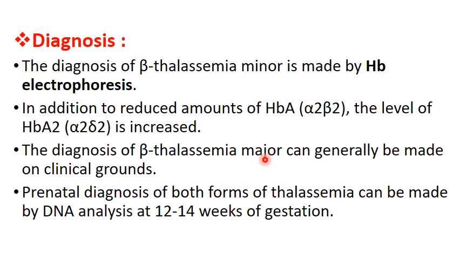At the same time, there is new bone formation, so the appearance of the face of the patient is so obvious on a clinical ground that the doctor can diagnose it and then confirm the diagnosis also by hemoglobin electrophoresis. Prenatal diagnosis of both forms of thalassemia is made by DNA analysis of amniotic fluid at 12 to 14 weeks of gestation.